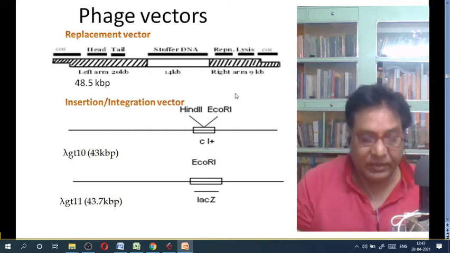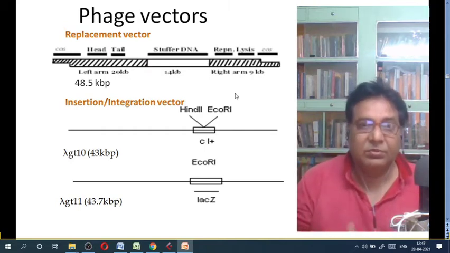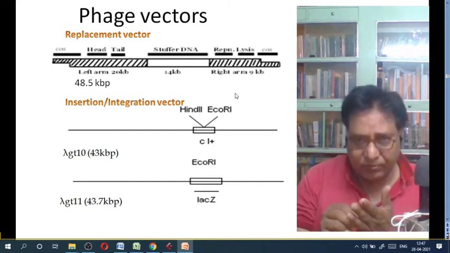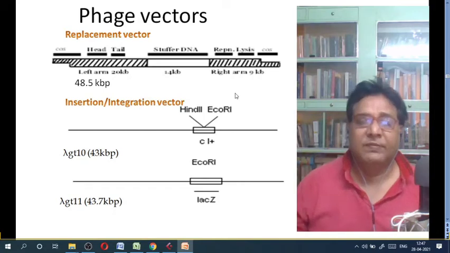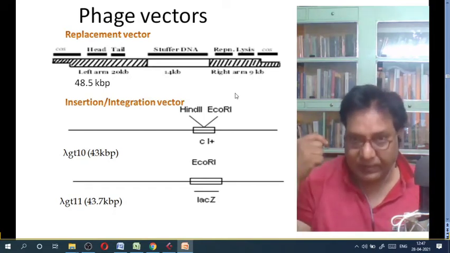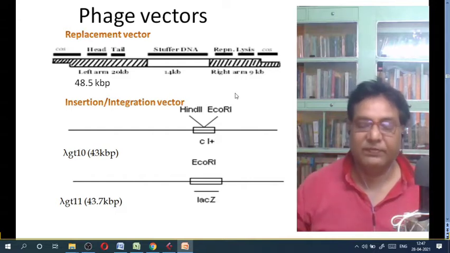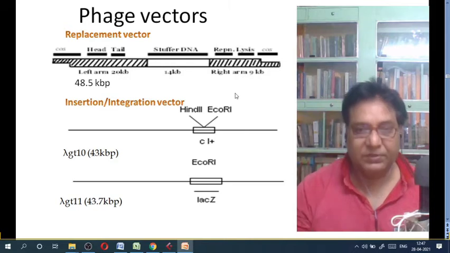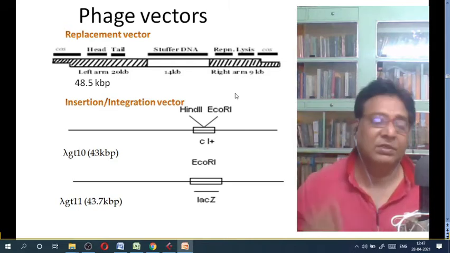You do this in the evening, and you go early in the morning to lift those plates so that the distance between plaque to plaque is suitable for your further screening purpose. If you want to lift the plaques, or if you want to go for library screening, you need to have distinct plaques in your plate.